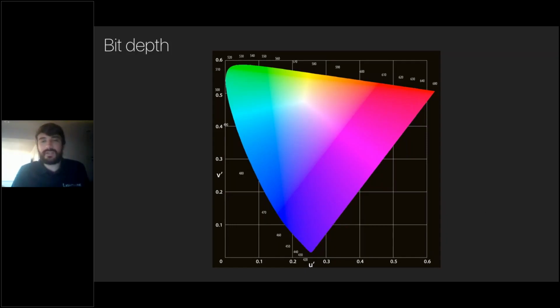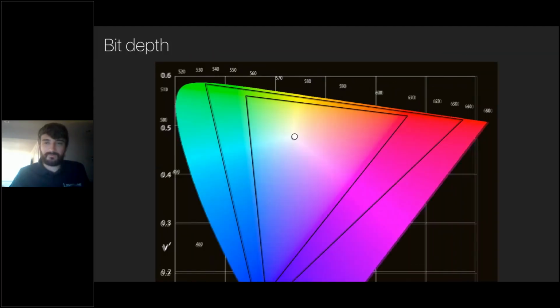So going back to our CIE diagram and thinking this time about bit depth, it's worth looking at the different color spaces. If we draw on our sRGB and the Rec 2020, so we've got these two color spaces, and let's start at the white point in the middle. If we go from the white point to full red in sRGB, then we have 256 steps to do that.